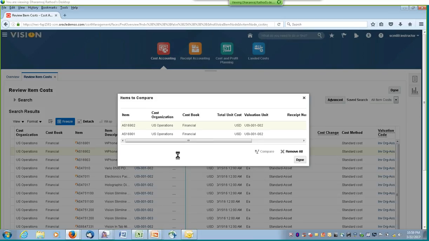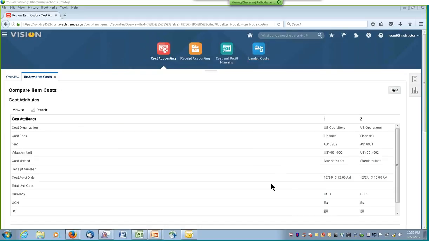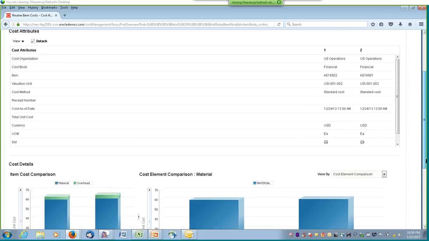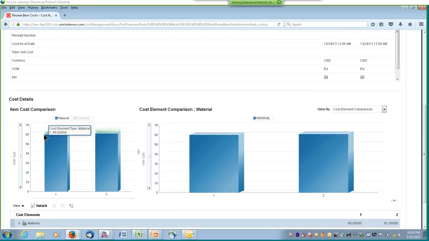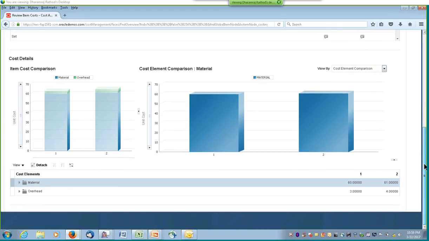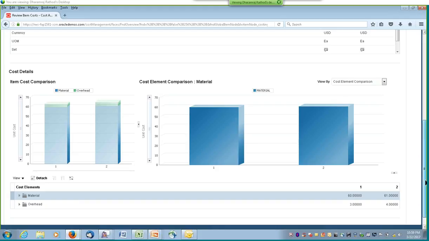Let's compare. Okay, so you'll be able to do a compare, and you will be able to compare by elements, comparison by cost element and so on. So you can slice and dice the data. You'll be able to see the information.